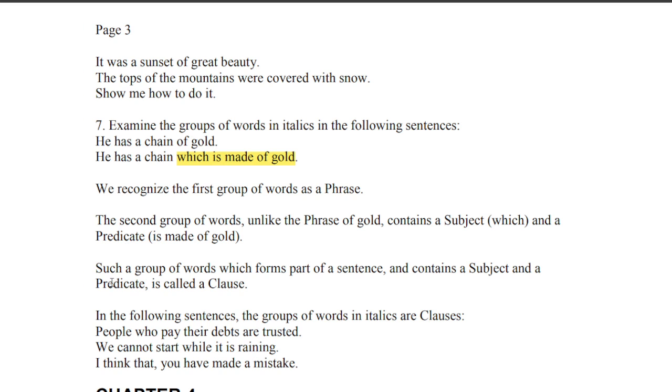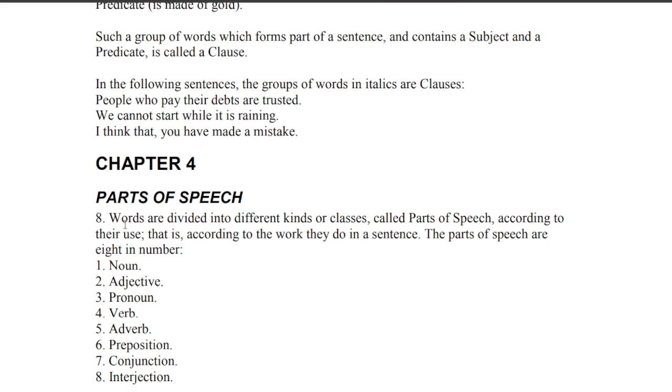Now, look at this example. People who pay their debts are trusted. In this sentence, people is the subject and who pay their debts are trusted is the predicate. So, it is a sentence. But we can also identify another subject and another predicate in this sentence.